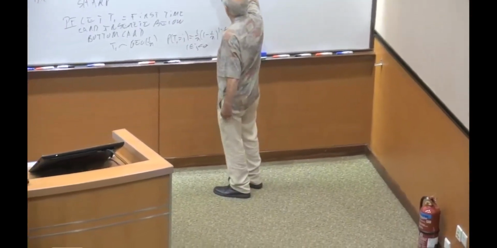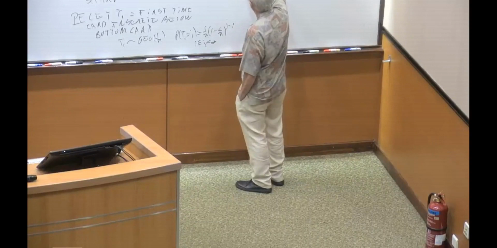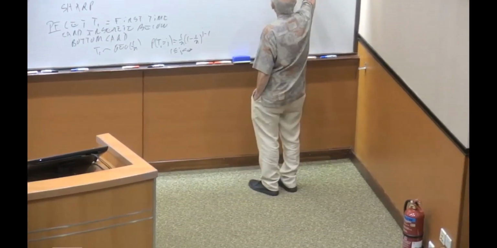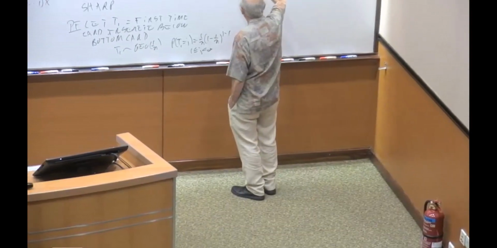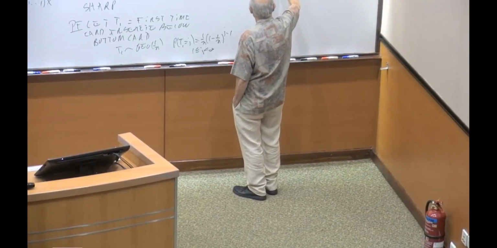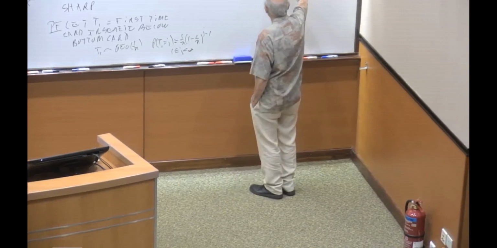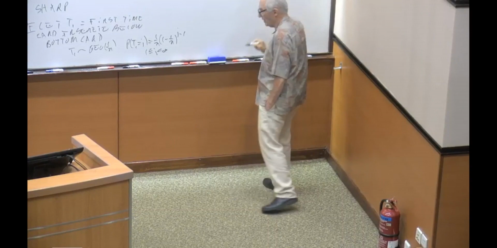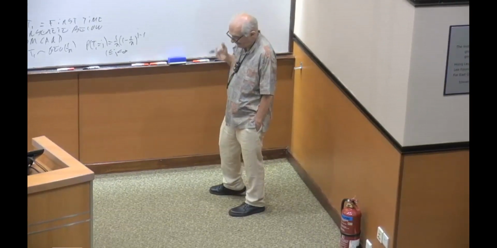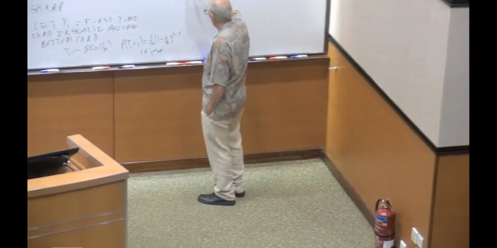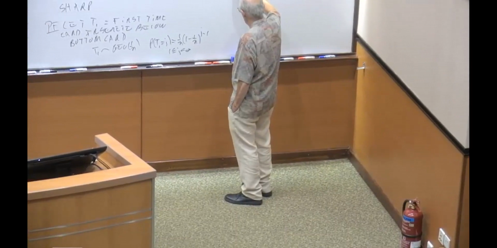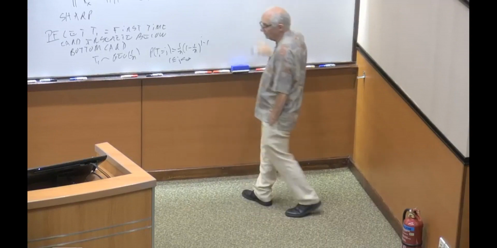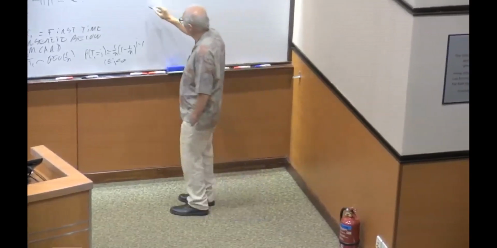Let T2 be equal to the first time bigger than T1 such that a card is inserted below the ace of spades, the original bottom card, and T2 is geometric with parameter 2 over n. Just there are 2 places to insert it, and keep going.